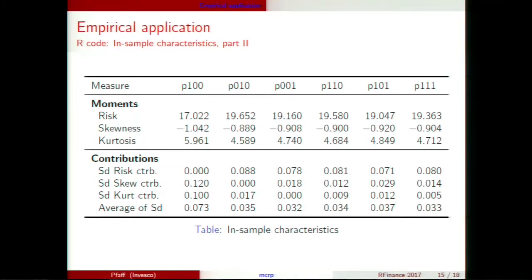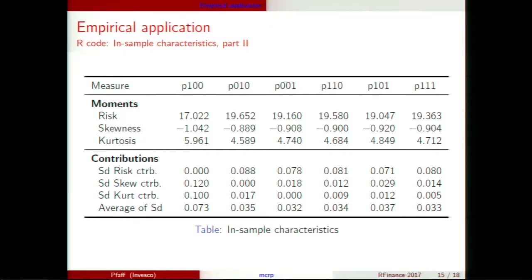So for pure ERC optimization, of course, the standard deviation of your risk contributions with respect to portfolio risk is 0. But then what you can see, the standard deviation with respect to the skew contributions and the kurtosis contributions, they are quite remarkable. They are 0.12 and 0.10.